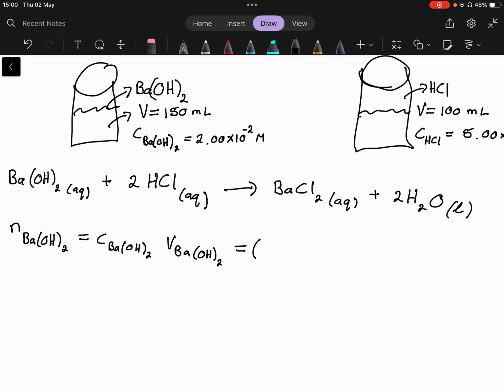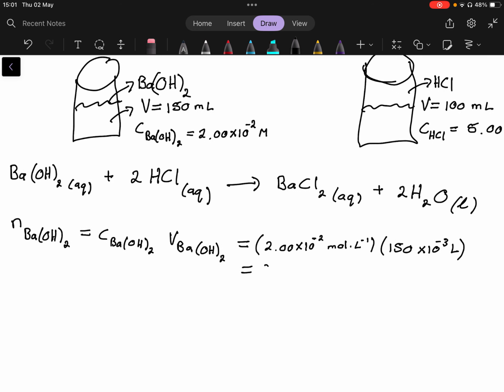So that is 2.00 times 10 to the negative 2 mole per liter, multiplied by 150 times 10 to the negative 3 liter. I've just converted the milliliter to liter. The liters cancel, and we should then get 3.00 times 10 to the negative 3 mole.